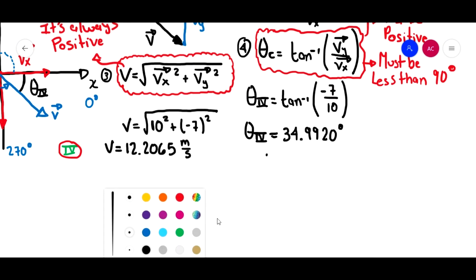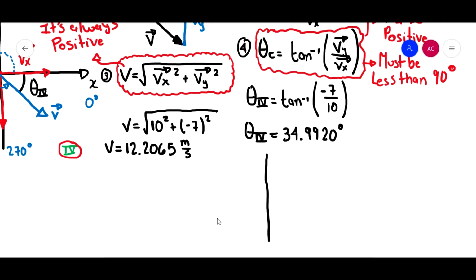Imagine that I have a vector here, another vector here, another one here and another one here. So one vector for each quadrant: the first, the second, the third, and the fourth.